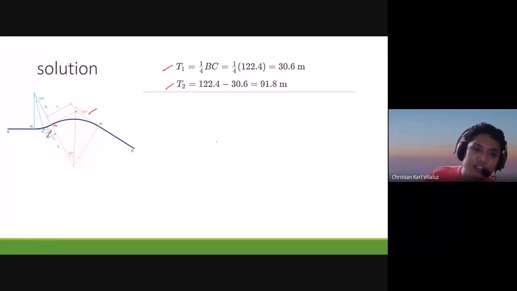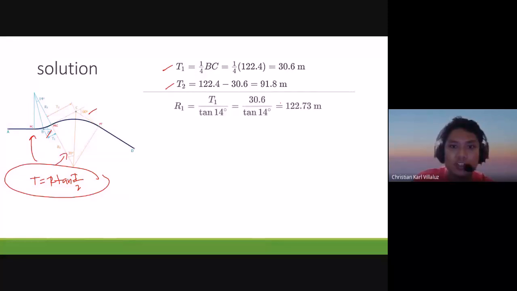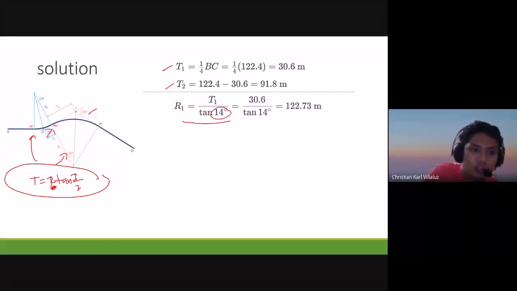So using again the formula for the tangent, T = R tangent I over 2. We will use that for the first and second curves to identify the radius. Since required is R, divide both sides by tangent of I over 2. This 14 here is 28 degrees divided by 2.